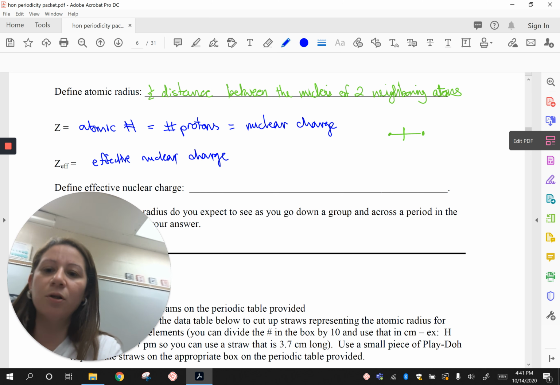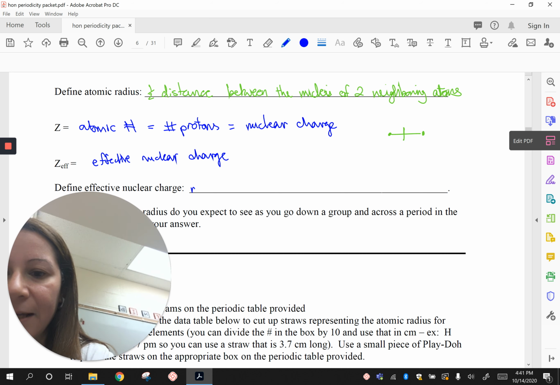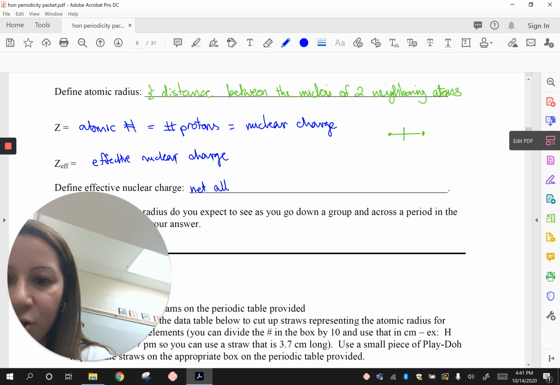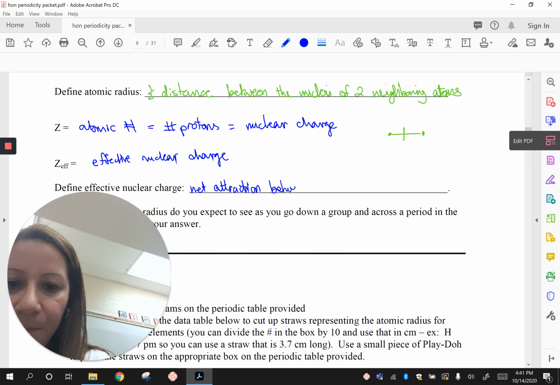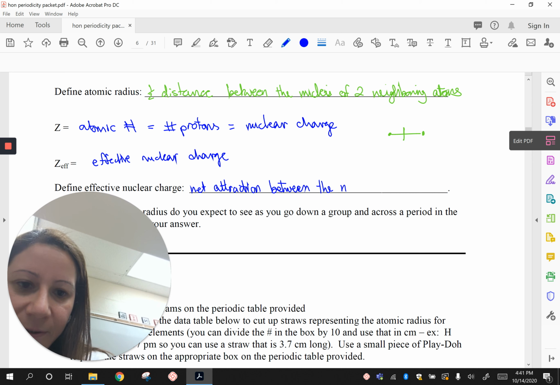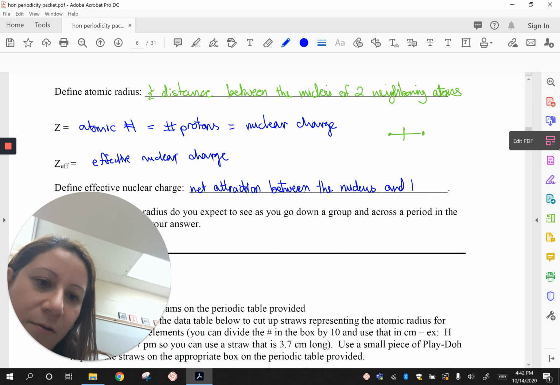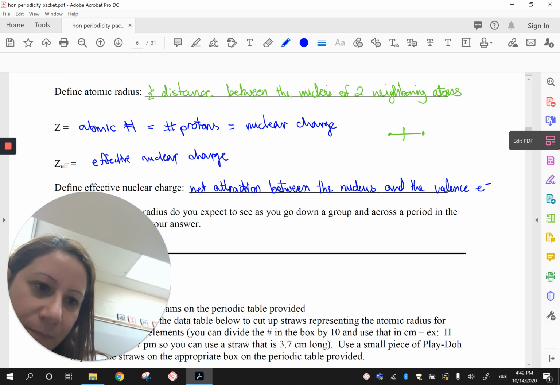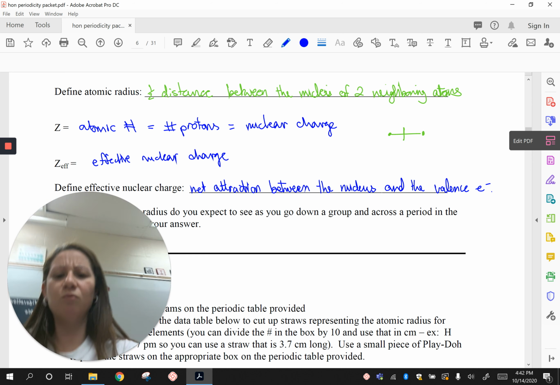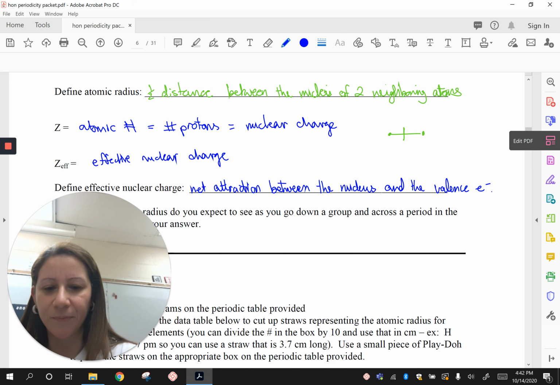Well, effective nuclear charge is the net attraction between the nucleus and the valence electrons. So still, what does that mean?